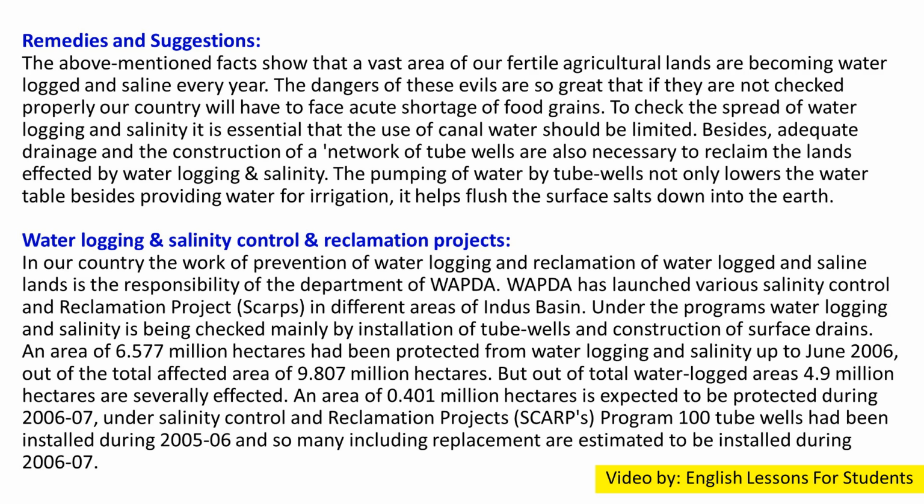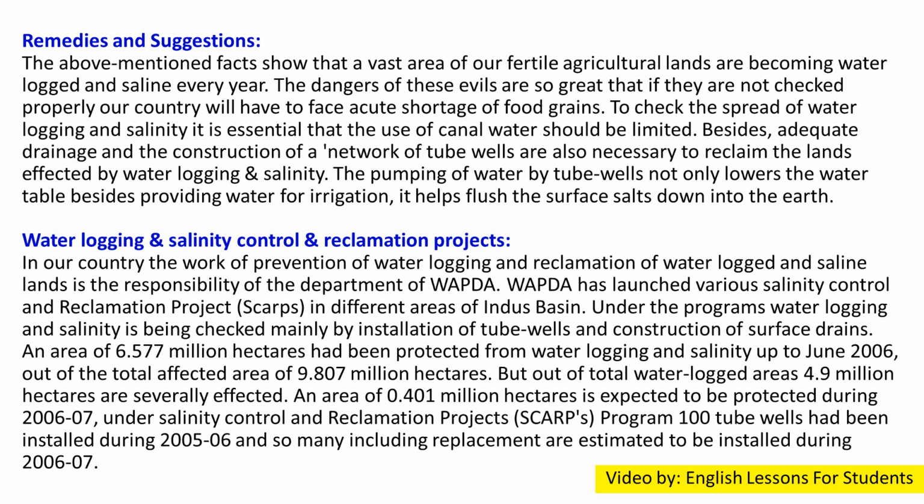An area of 6.577 million hectares had been protected from waterlogging and salinity up to June 2006, out of the total affected area of 9.807 million hectares. But out of total waterlogged areas, 4.9 million hectares are severely affected.